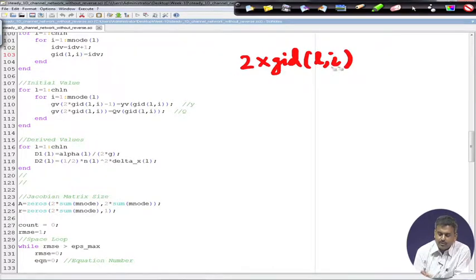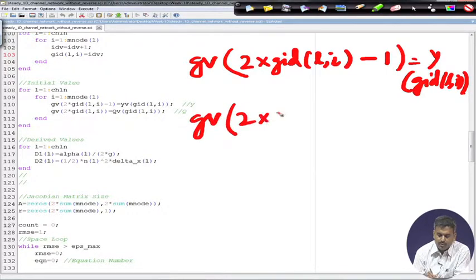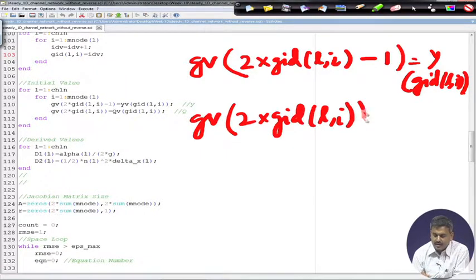If I multiply 2 into GID LI and subtract 1, this will give me the location for Y in the general variable, and 2 into GID LI will give me the Q value.